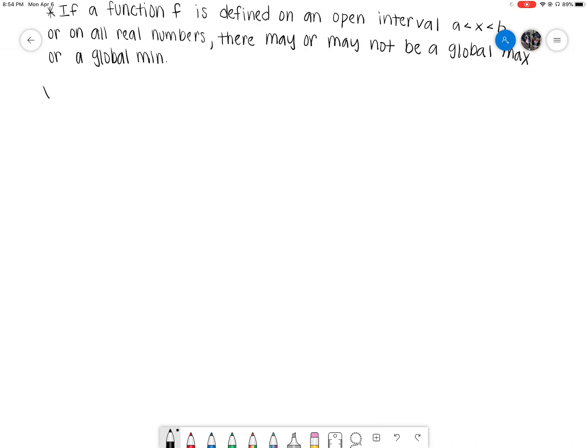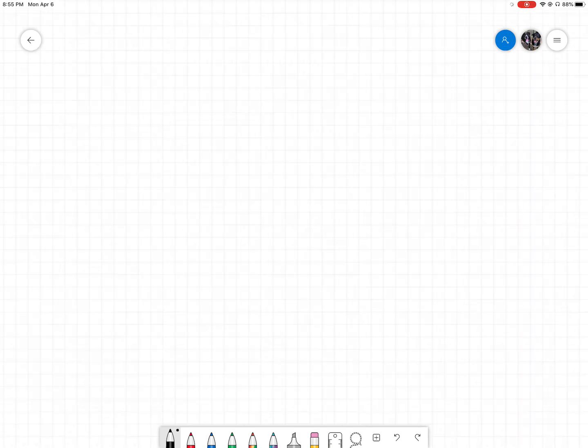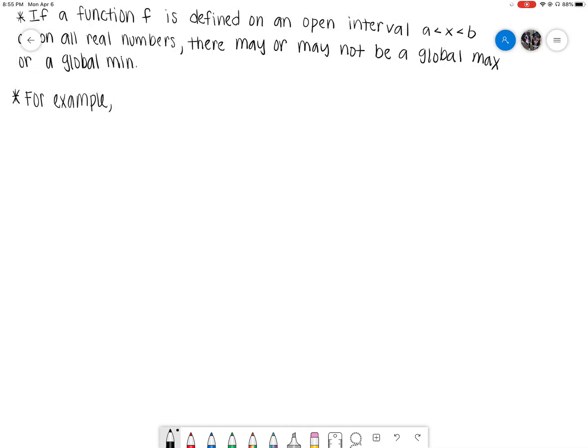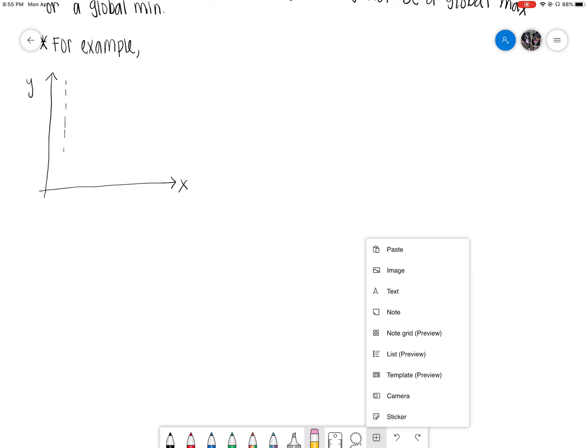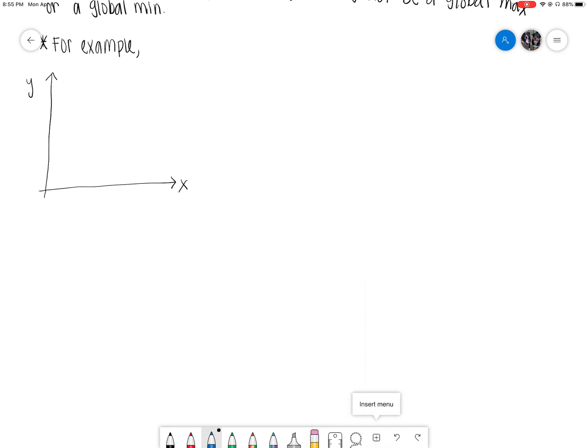For example, for now we'll just look at a picture to see what's going on. So here's my y-axis, here is my x-axis. Let's make it colorful, since I can make things colorful.